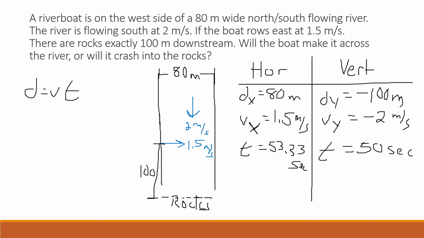I thought you said the times are supposed to be equal. And I certainly did. Then why are they not equal here? Let's think about what it's saying. What it's saying is that it would take 53 seconds to go 80 meters to cross the river horizontally, and it will also take 50 seconds to hit the rocks vertically 100 meters downstream.